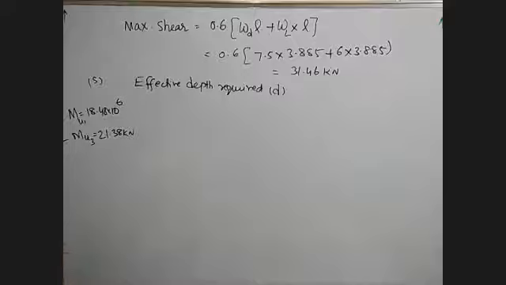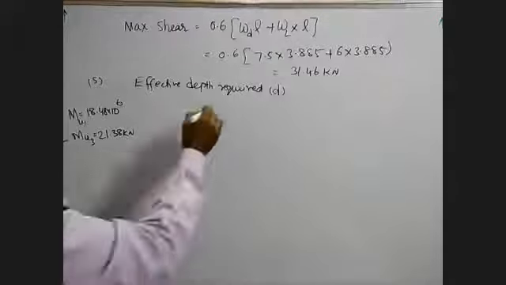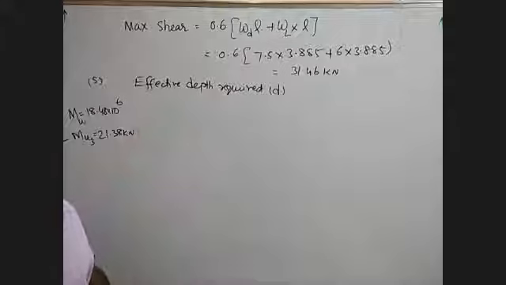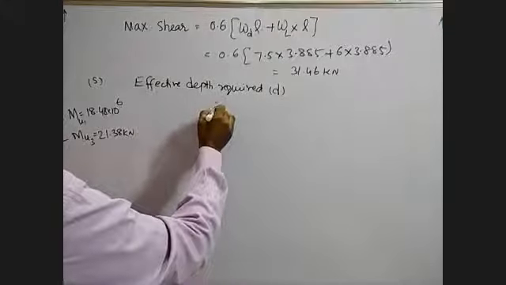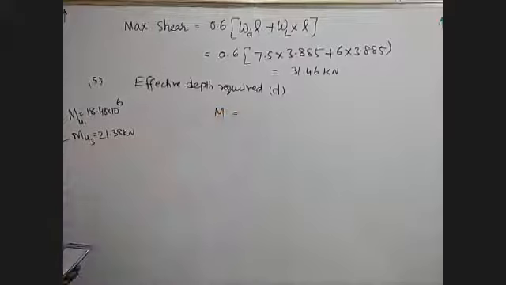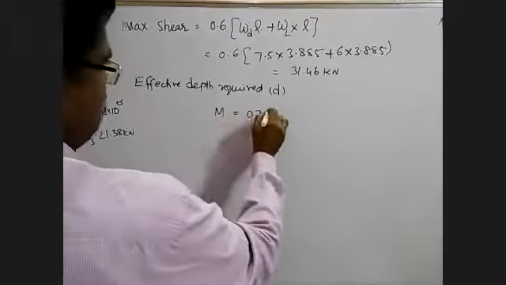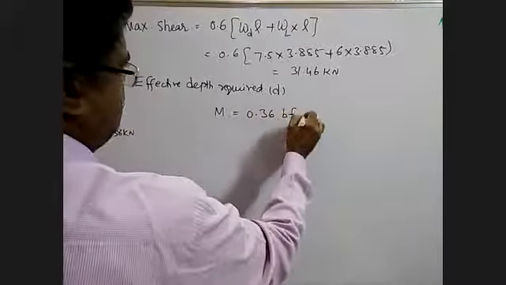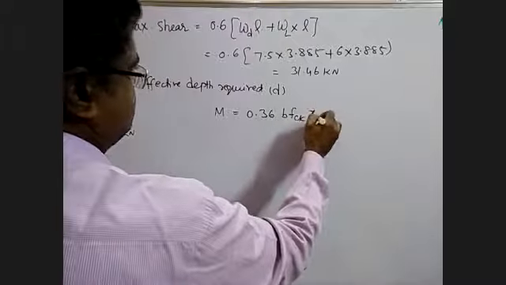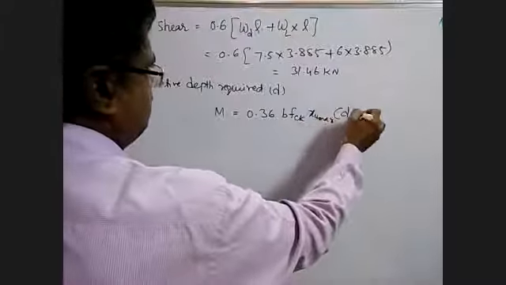Okay. Now they calculate the value of D here. M is equal to, what is that formula? 0.36 FCK B XU max into D minus 0.42 XU max.